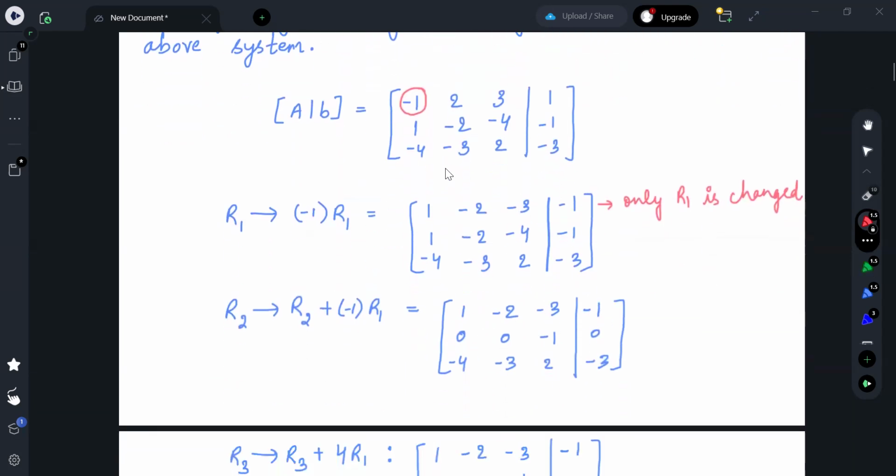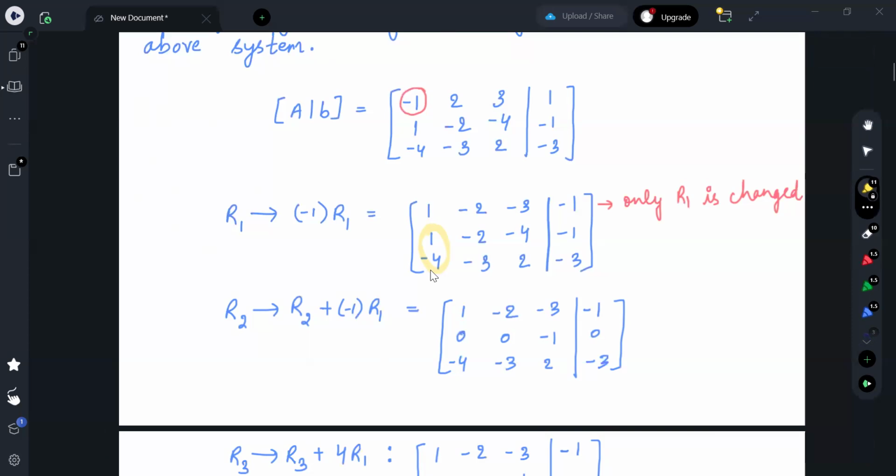Next, now that I have the desired input in row 1, I'm going to make everything below it 0. So I need to take care of these 2 entries. I begin with this entry. How do I make this one a 0? Think for a minute. I'm making a change in row 2, that's why we write row 2 here. I'm allowed to add a scalar multiple, so I'm going to add a negative of this entry to row 2. Now you cannot just operate on one entry.